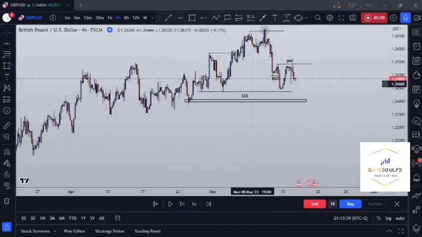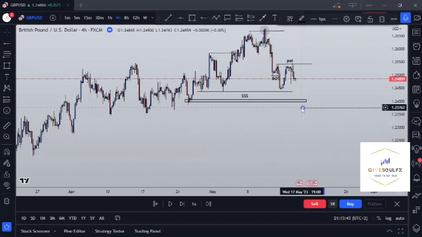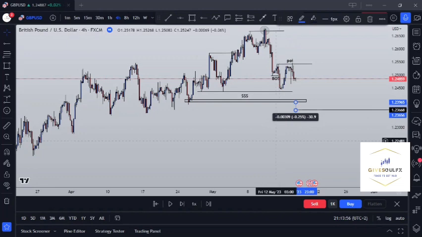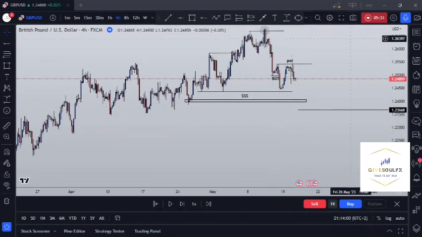This was my order block here with a stop loss about below this low, which was supposed to be approximately 30 to 35 pips, which is a 30 pip stop loss below this zone. Okay, let's see how price played out.